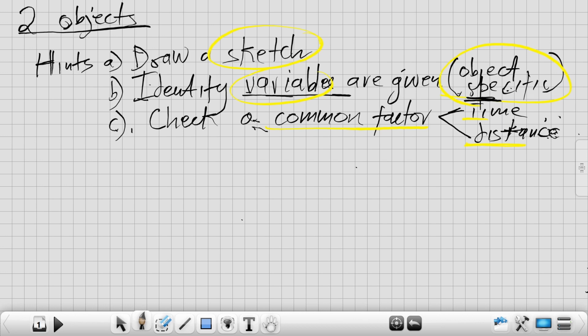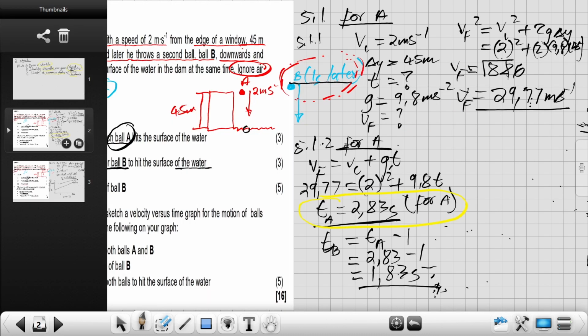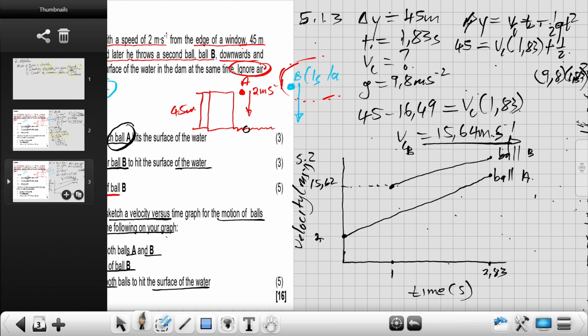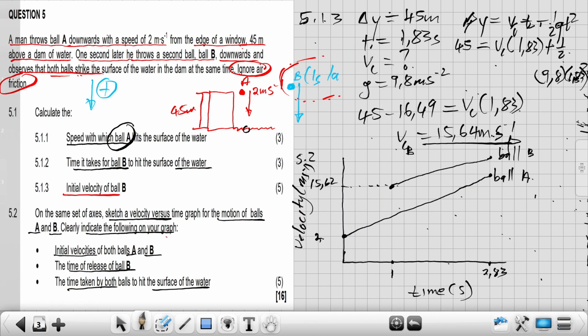Thereafter, you check for a common factor. It's either a distance or time between the two. Once you do that, it makes it easy for you to build into this information and to have the structure that you can work with.